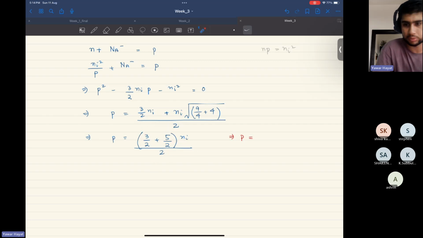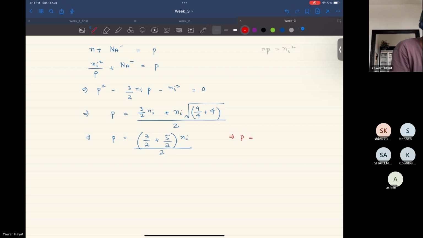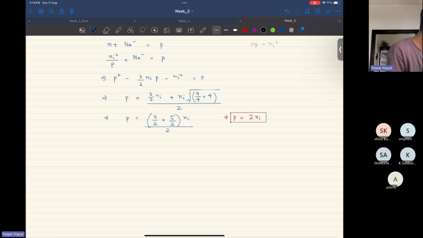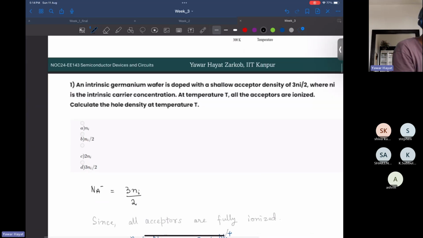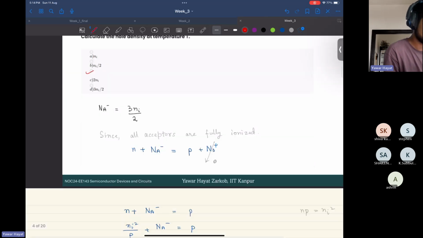And divide that by 2. 2 Ni. Yes. So P is equal to 2 Ni. Done. So that finishes our question 1, because this is the right answer, right? This is C, that is 2 Ni.